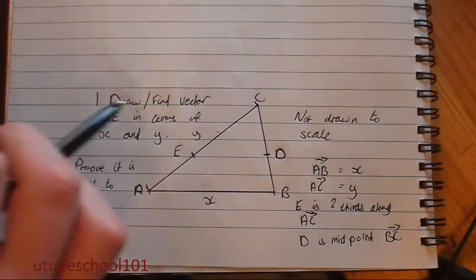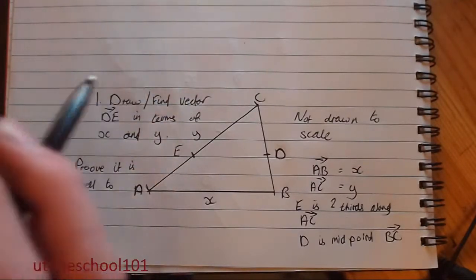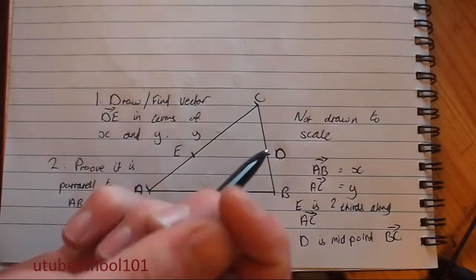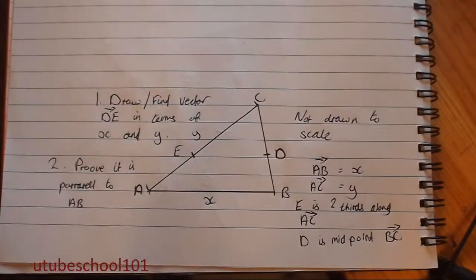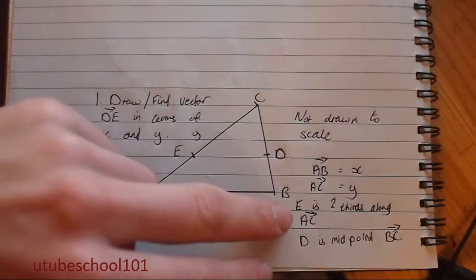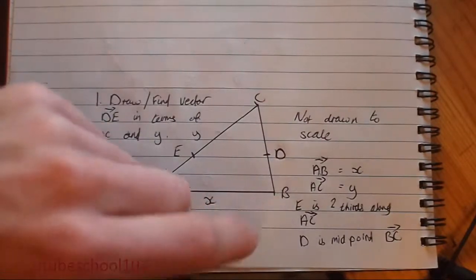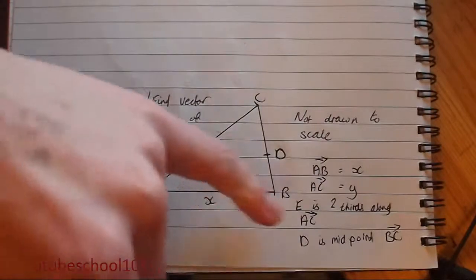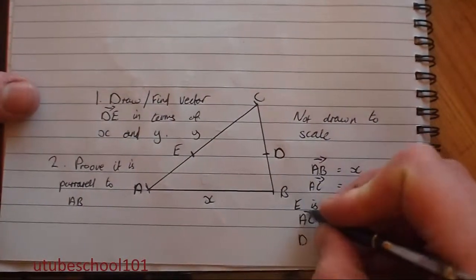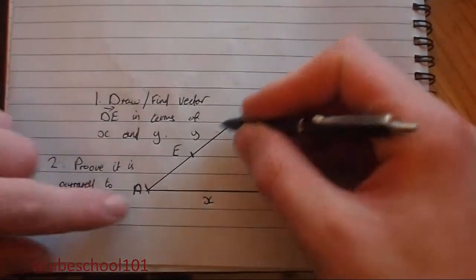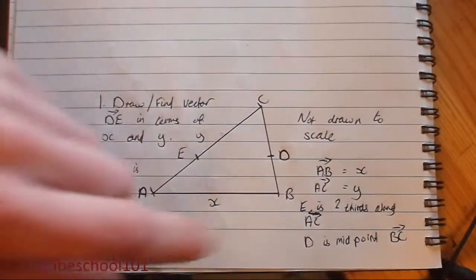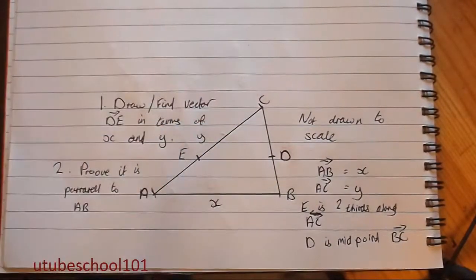We have to find, and you can, if you want, draw the vector from D to E. So what's D to E? Well, I'm not sure if you can read this, but E is 2/3 along, that should be C to A, two thirds along C to A. And we have D here, which is the midpoint of BC.